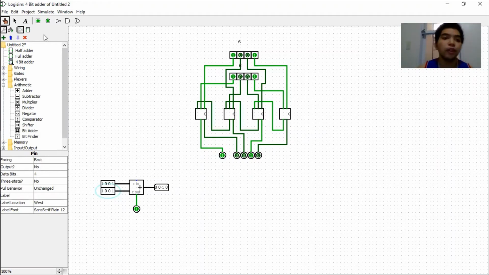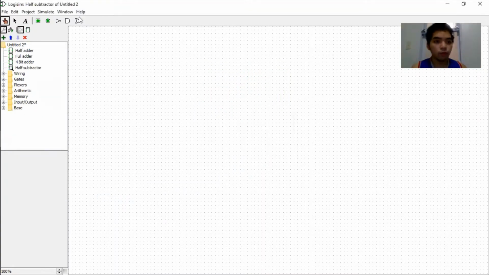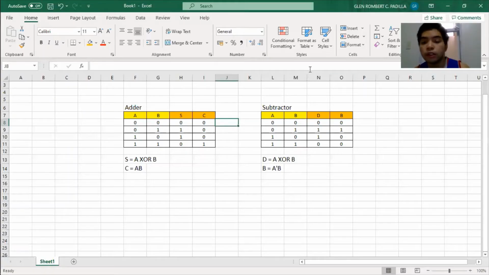Okay, so moving on, we're going to make now the 4-bit subtractor. It's just the same process. So we make the half subtractor, the full subtractor, and then we make the 4-bit subtractor. For the half subtractor, we need to look at this truth table.